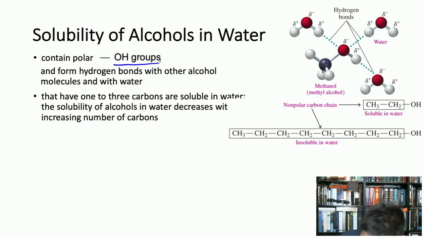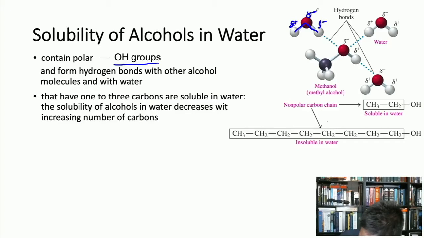Well, we recall that the water looks like this up here, in the upper right-hand corner. The partial positives are in the hydrogens. The partial negative is in the oxygen, right? Giving it polarity.